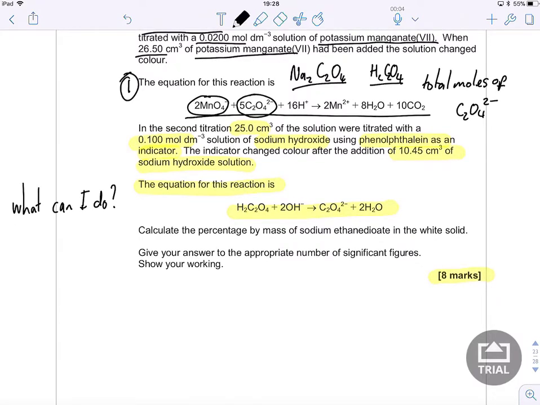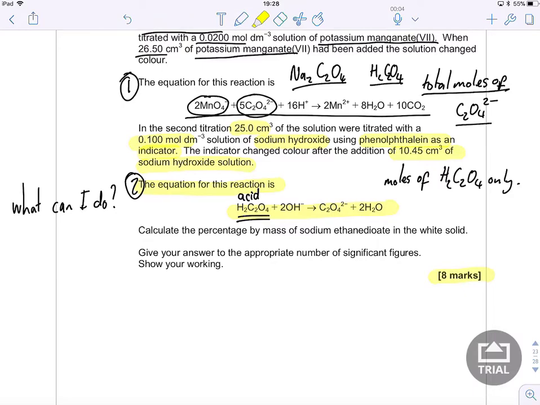So in titration number 2, only the ethanedioic acid, H2C2O4, is reacting with the hydroxide. So titration number 2 is going to give me moles of H2C2O4 only. From that I'll be able to work out the moles of sodium ethanedioate, because I've got the total moles of ethanedioate up at the top.